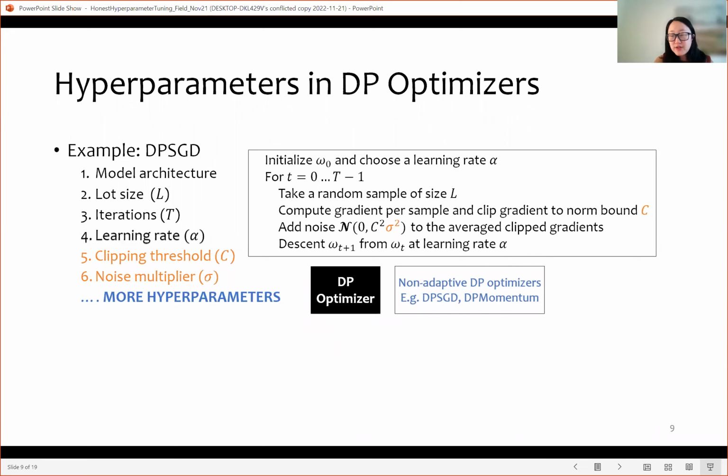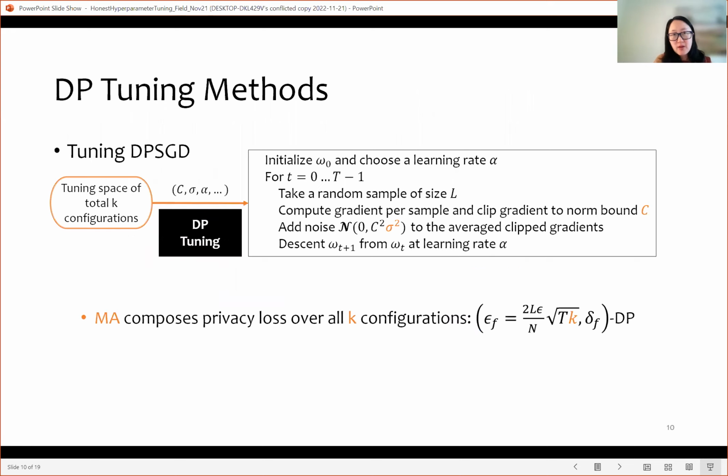Given this space of configurations for hyperparameter choice, how do we tune this DP optimizer? One of the first approaches we consider is to continue using the moments accountant. The idea is we have a tuning space of a total of K configurations. For each configuration, we train the model once, find out the quality of this model, and then report the best among the K configurations.